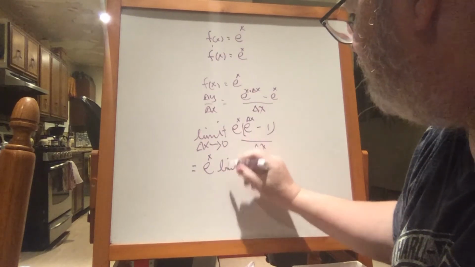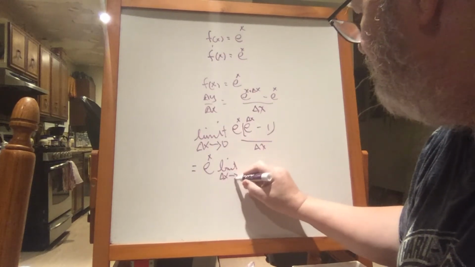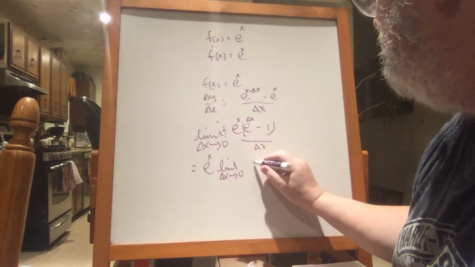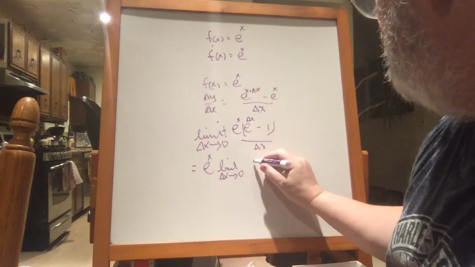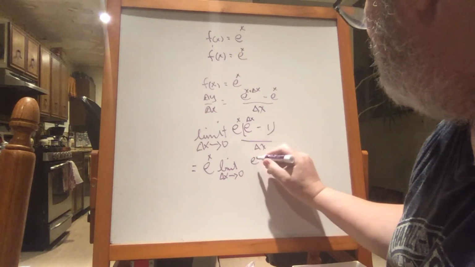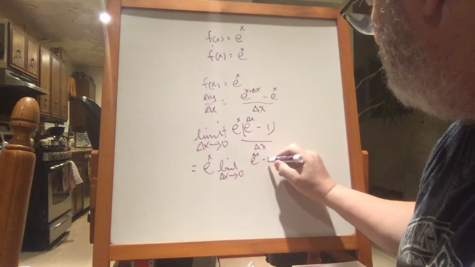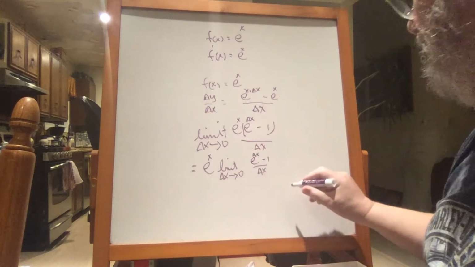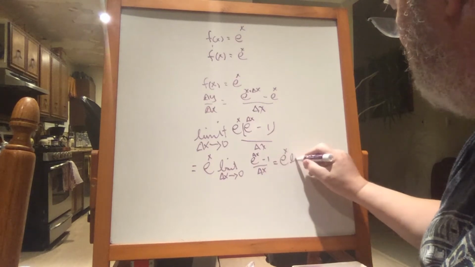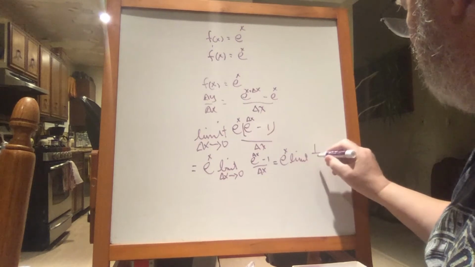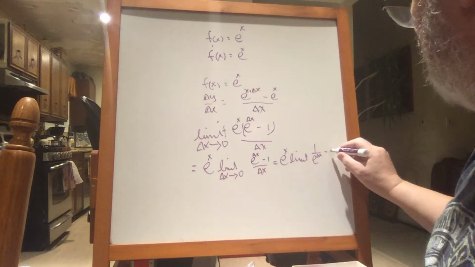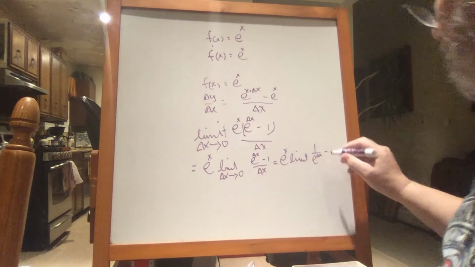The limit as delta x goes to 0 of, well, we can take a look at e to the delta x minus 1 over delta x, and that's equal to e to the x times the limit of 1 over e to the delta x minus, whoops, I got it wrong.